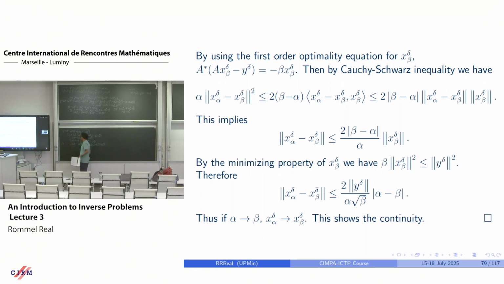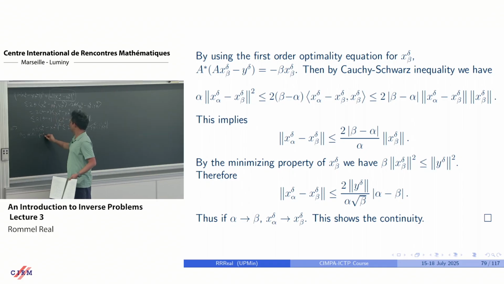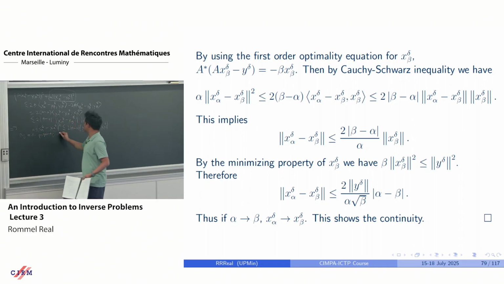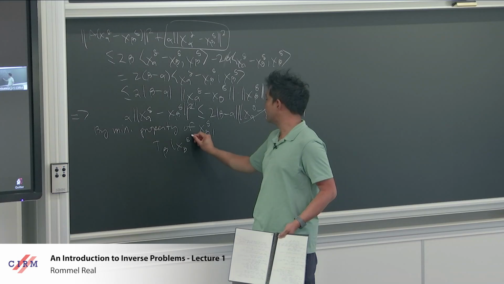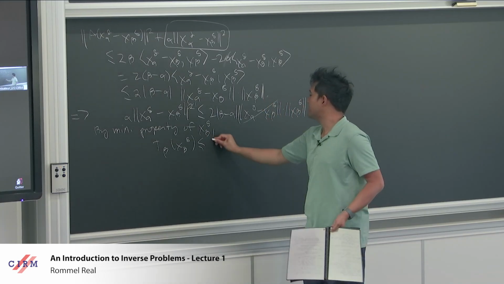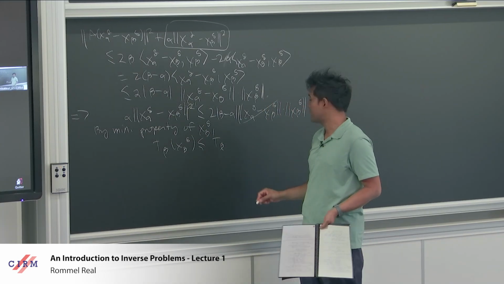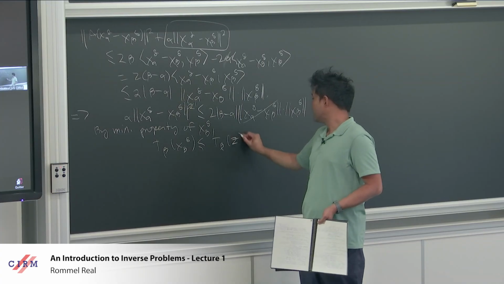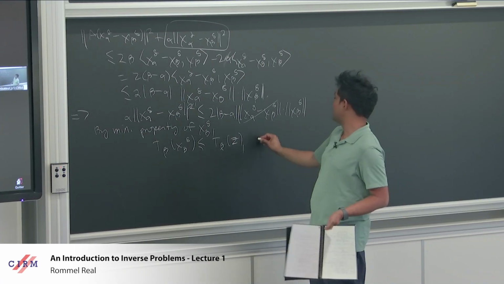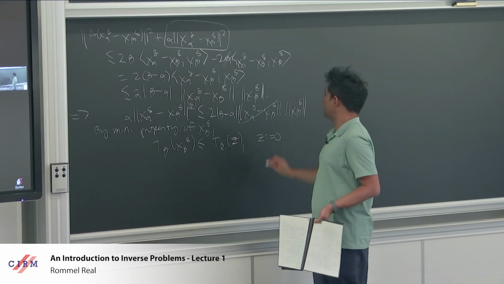And we can also erase that one by this property of x beta delta. Then we can use T sub beta of x beta delta. It must be less than or equal to the Tikhonov functional with respect to beta at any point z. And to get that inequality, we let z equal 0.